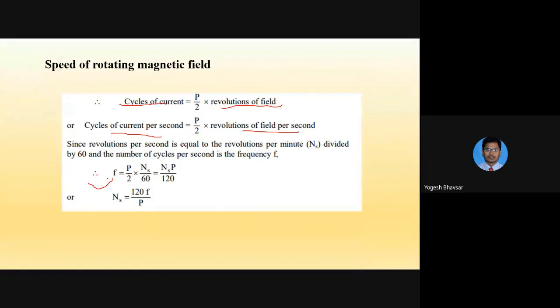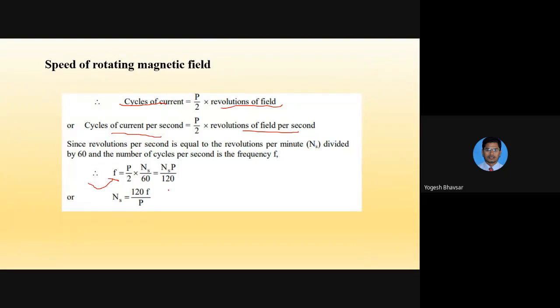So therefore the frequency of this motor f is equal to p/2 cycle of current per second, म्हणजेच frequency, cycles per second, that is nothing but the definition of frequency. So f is equal to p/2 multiplied by ns by 60 and therefore ns p by 120.